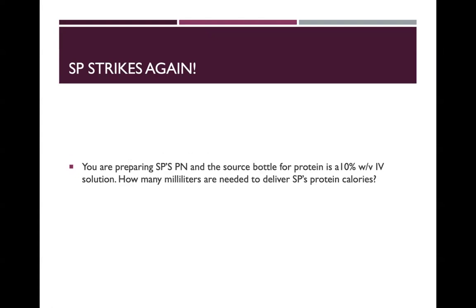No, you have it in a stock solution that is sterile. The concentration is 10% weight per volume. So how many milliliters of that stock solution will provide you the 336 calories or the 84 grams? How do you set that up?